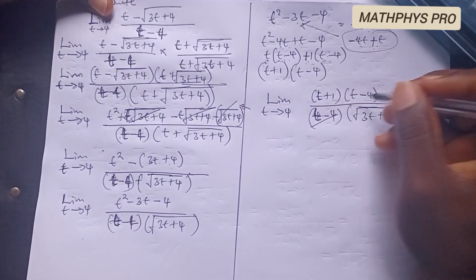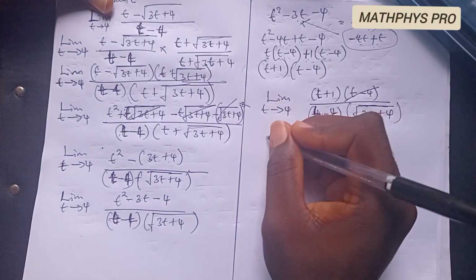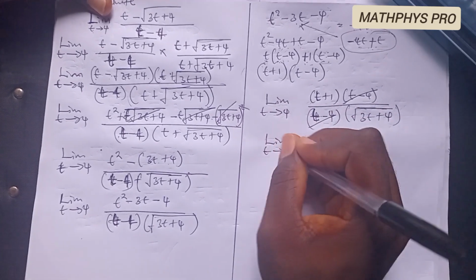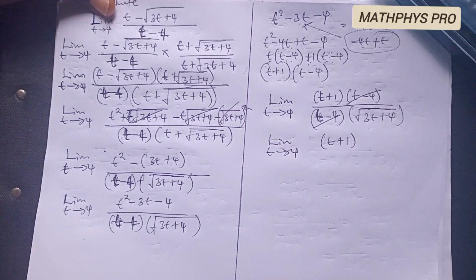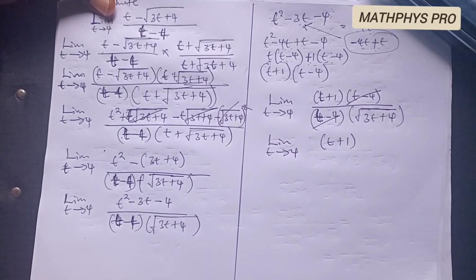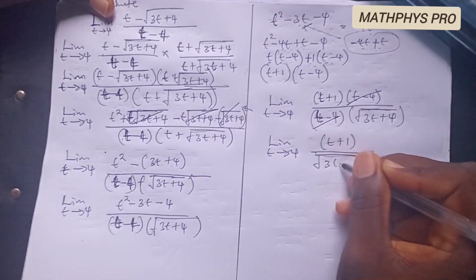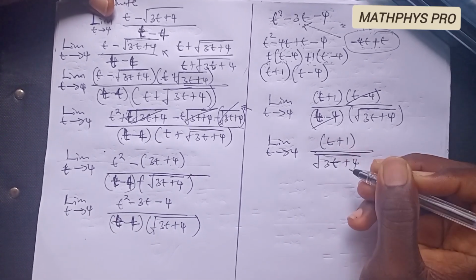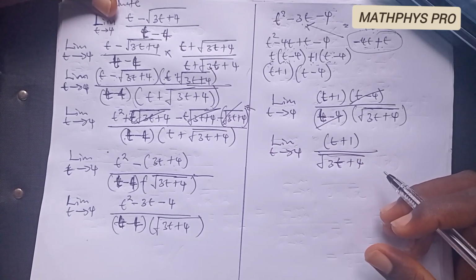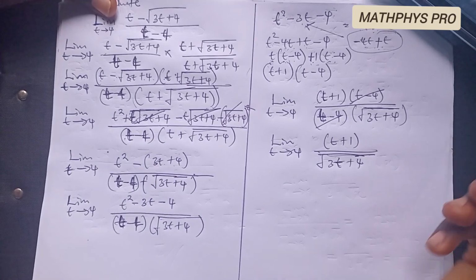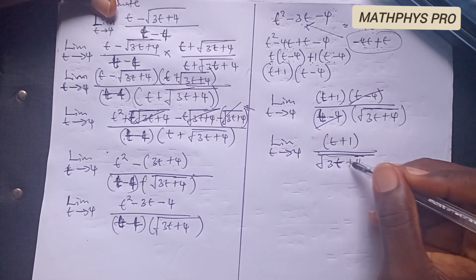So now this can cancel out this, and we are left with the limit when t approaches 4 of t plus 1 over root 3t plus 4. Now we can substitute the value of t.